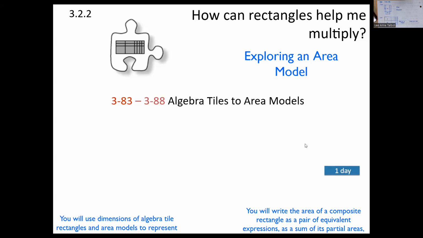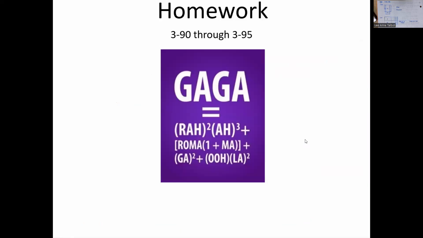And homework tonight is 90 through 95, and see if you can understand my joke. Do you see the distributive property part? That's my favorite part of the whole thing. Do you get the joke? No, unfortunately. Are you even looking at it? But this is a Lady Gaga song. Yes, it is. It's still good.